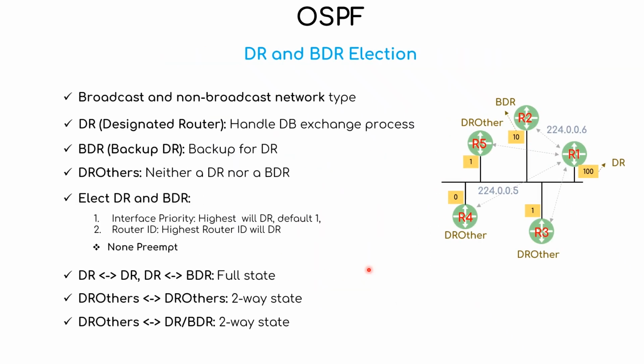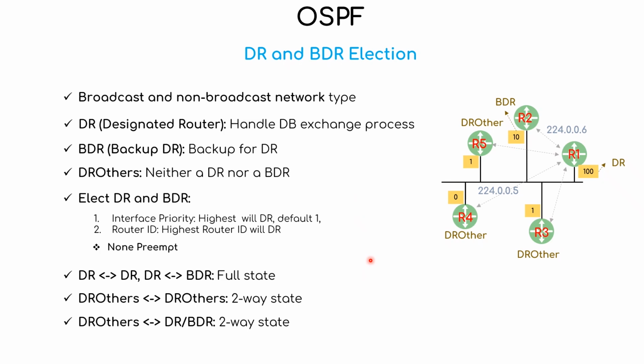We go to the DR and BDR selection. This happens at ExStart, and OSPF has some types of interface based on the interface setting, called the OSPF network type. The DR and BDR election happens on the broadcast and non-broadcast network types. By default, on Ethernet links, the OSPF network type is broadcast.